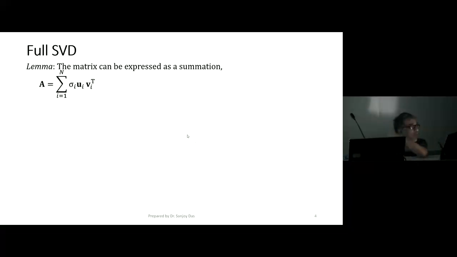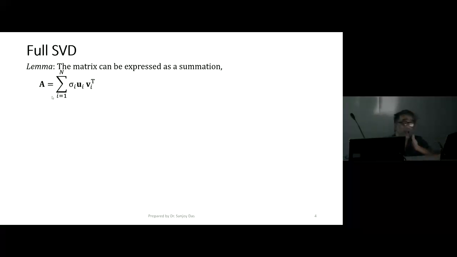Now the matrix A can be expressed as this summation. Each of these terms, Ui Vi transpose, is a matrix of the same size as A, M by N, but it will be of rank 1. Correct?